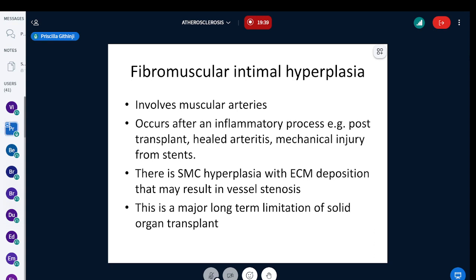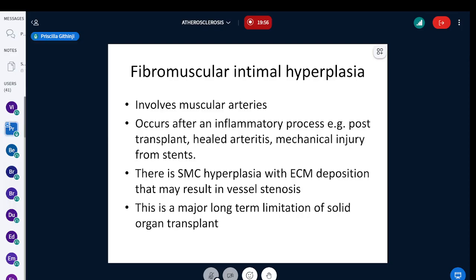Like in patients who have coronary artery disease with occlusions from atherosclerosis, you have to put in stents.